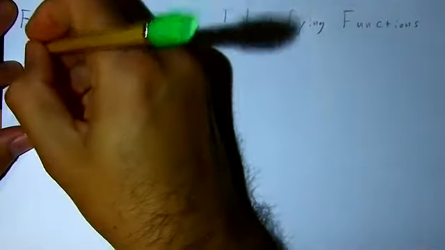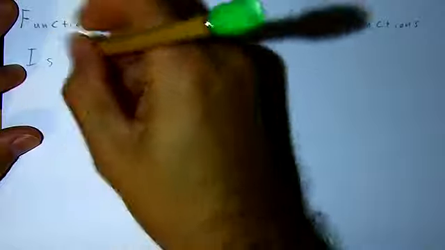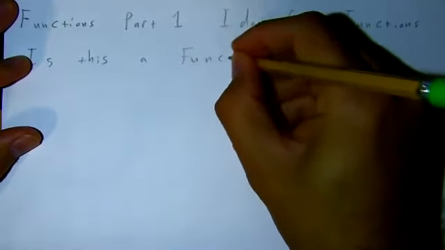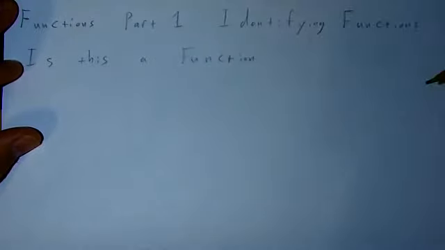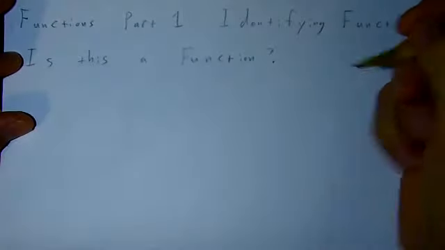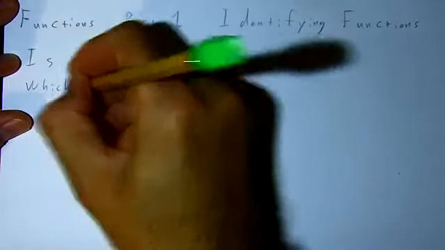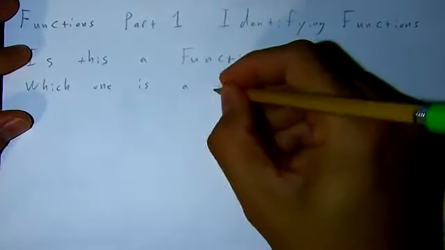Well, first I'm going to tell you the question that they're going to ask you, usually. They're either going to say, is this a function? Or, more likely, they're going to say, which one is a function?